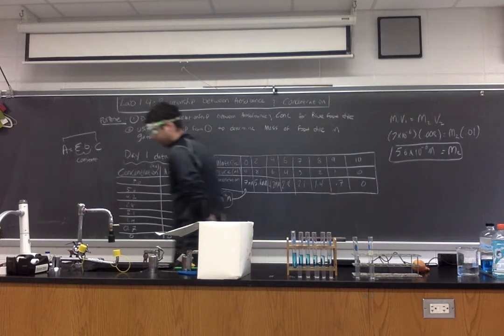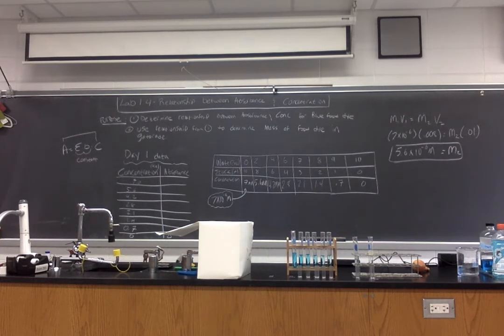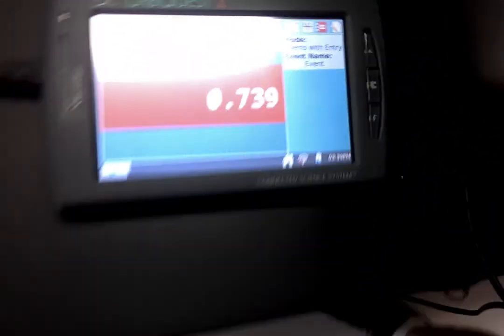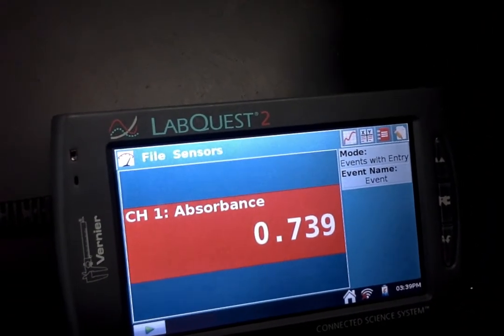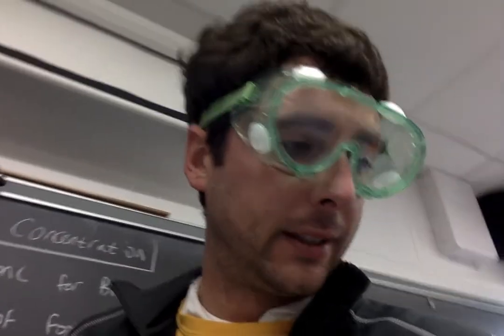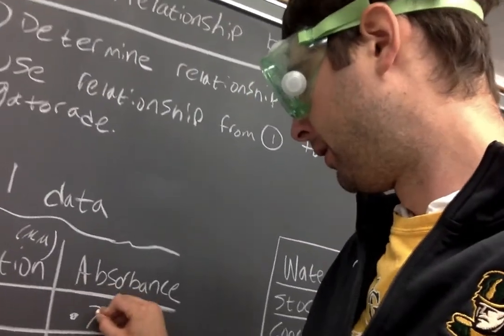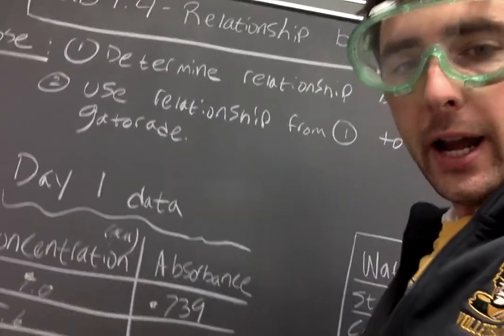I'll move this over just so you can see that it is actually reading an absorbance right now. I believe it's about 0.74. So our stock solution, we can jot down an absorbance. It's fluctuating between 0.739 and 0.740. So we'll say 0.739.